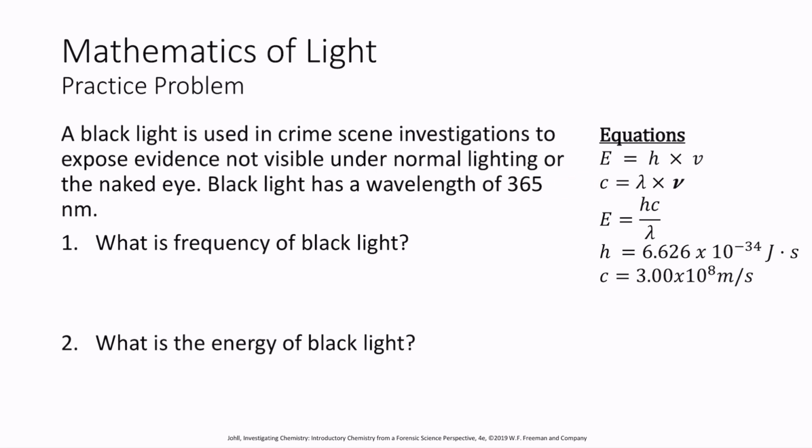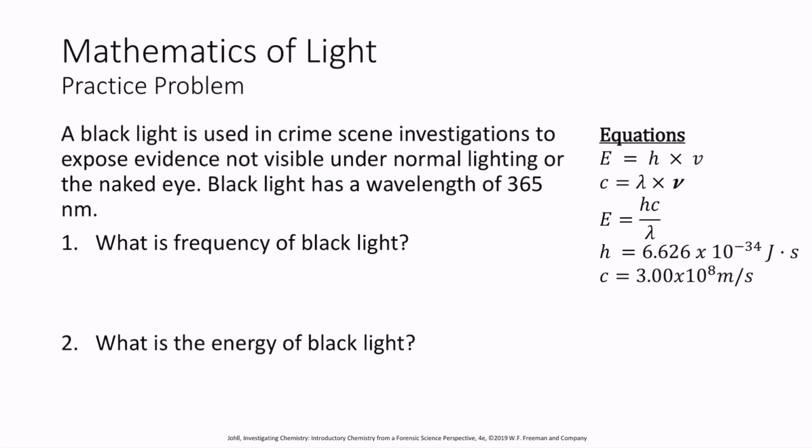So if we solve for nu and then plug that in up here, we get E is equal to HC over lambda. So a black light is used in crime scene investigations to expose evidence not visible under normal lighting or the naked eye. Black light has a wavelength of 365 nanometers. What is the frequency of the wavelength?